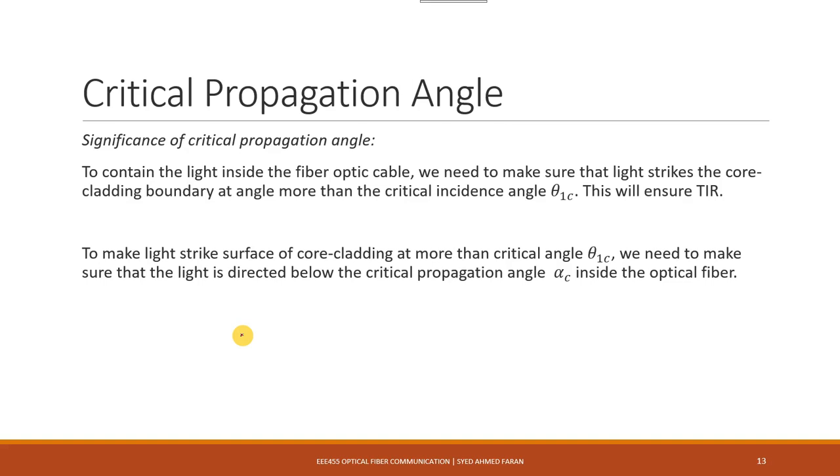So now that we know both formulas and understand both these values, the critical incident angle and the critical propagation angle, we want to point out the significance of these values. In the previous lecture we discussed that this criticality must be maintained, which means the angle of your light should always be greater than this critical angle.